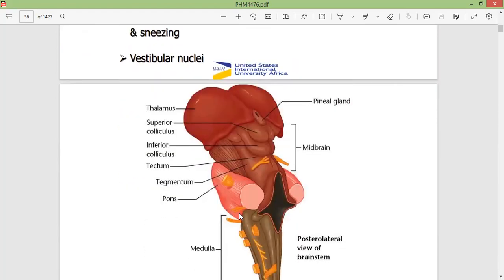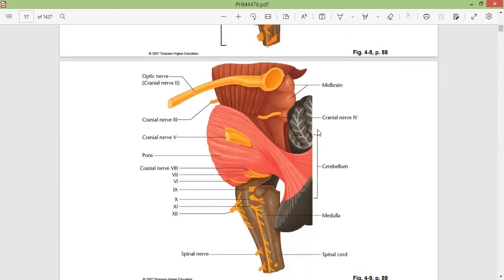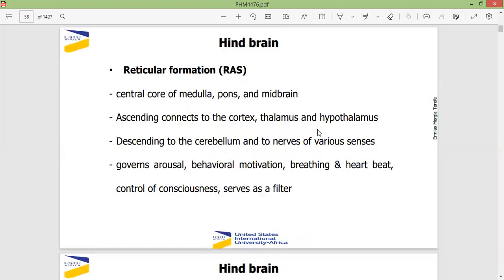And then the pineal gland, what hormone does the pineal gland produce, anyone? It's melatonin.